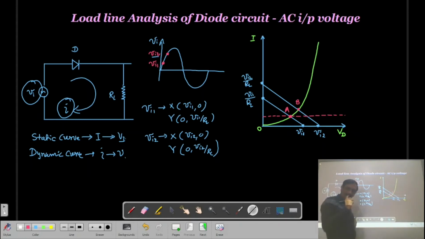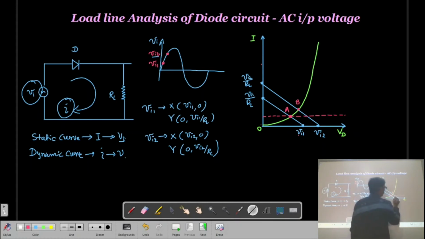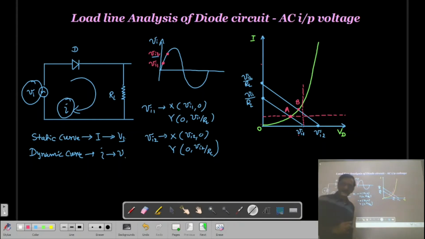Then draw another line passing through this input voltage VI1 parallel to the y-axis, so that line will be like this. Again I repeat, draw one line parallel to the x-axis passing through this intersection point A, and draw another line parallel to the y-axis passing through this point VI1.